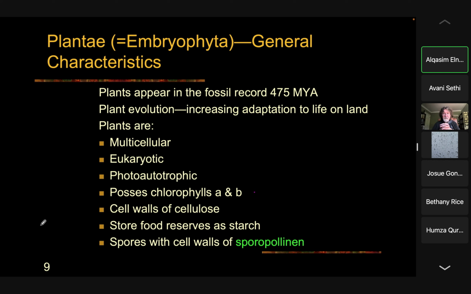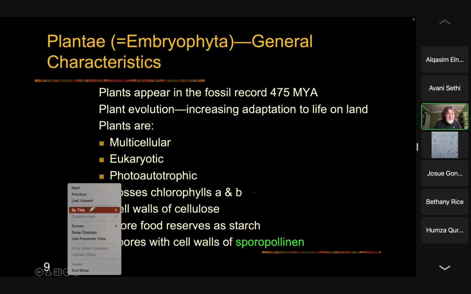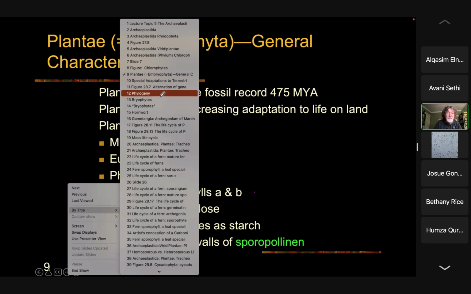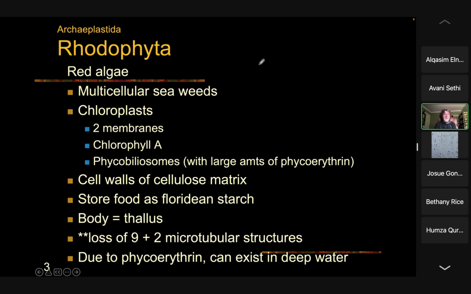Can I see slide 3, please? Slide 3. Okay, so nothing else? You're free to go.